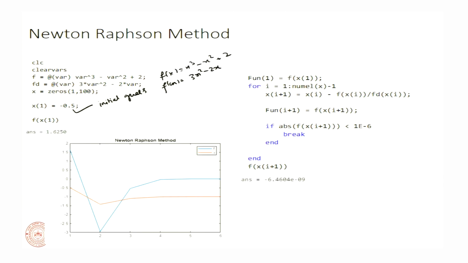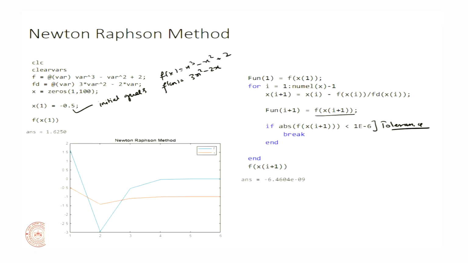Now, we substitute our values: x i plus 1 from x i, f of x i, and f prime of x i. Function i plus 1 is f of x i plus 1. We are re-evaluating the value and checking for our tolerance.